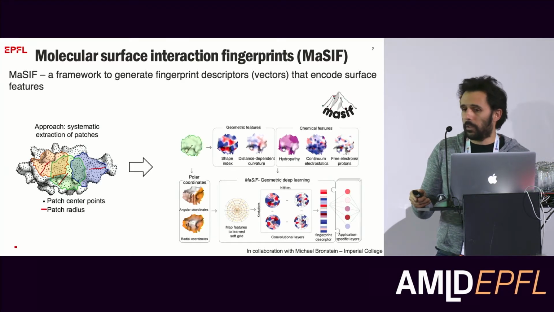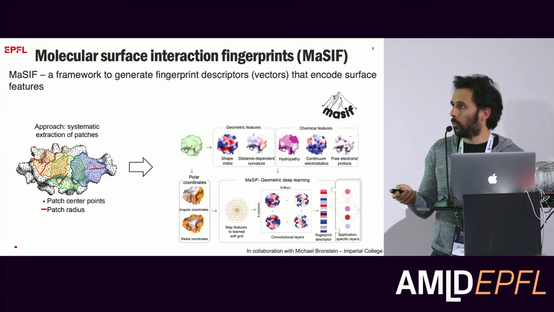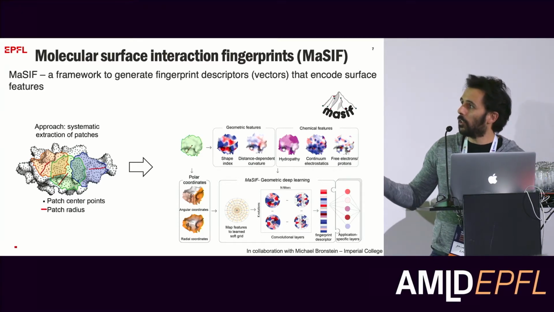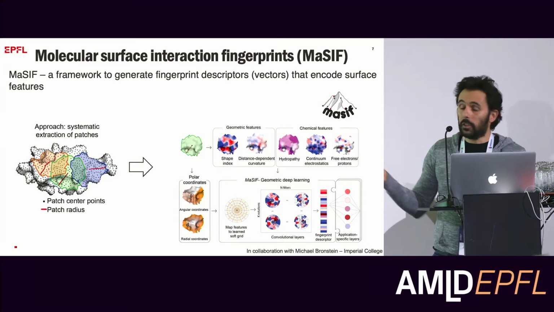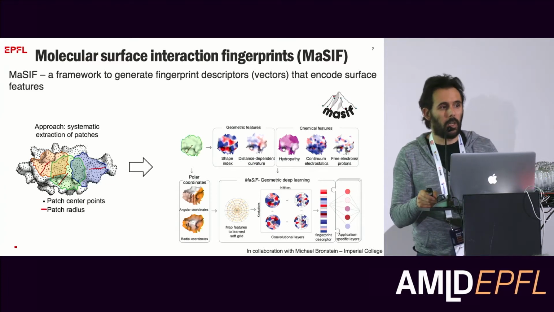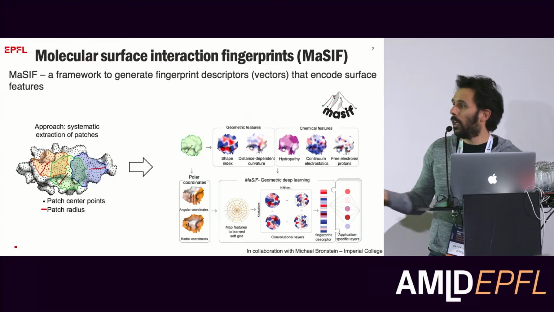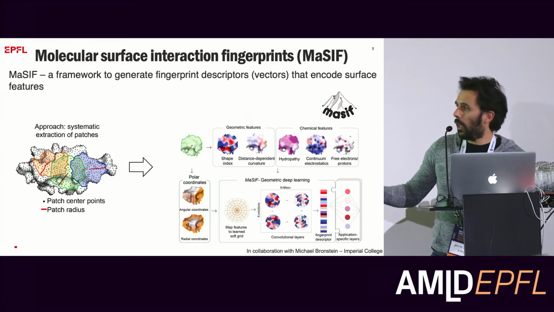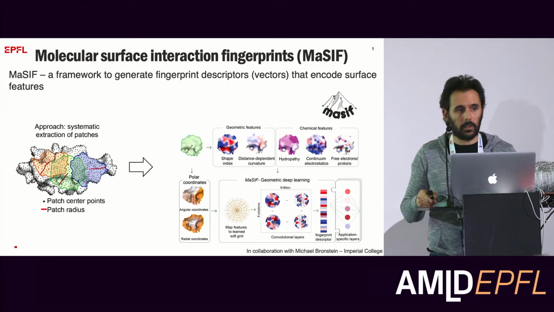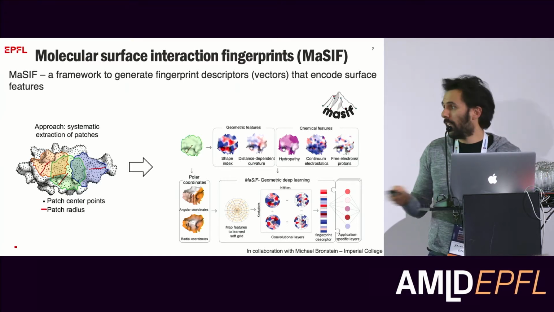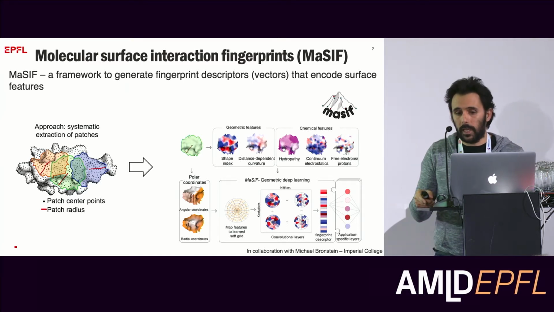What we do afterwards is that we enrich these data structures with features, again, as I mentioned, geometric features and chemical features, which are, in essence, what determines the structure and function of proteins. And then using a couple of tricks from the geodesic convolutional networks, we can then actually create descriptors, which are no more, no less than numerical vectors, which can be trained for different tasks.